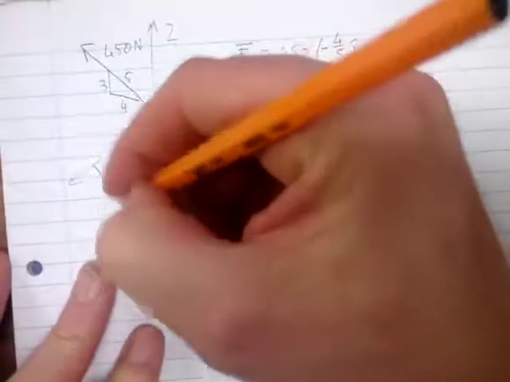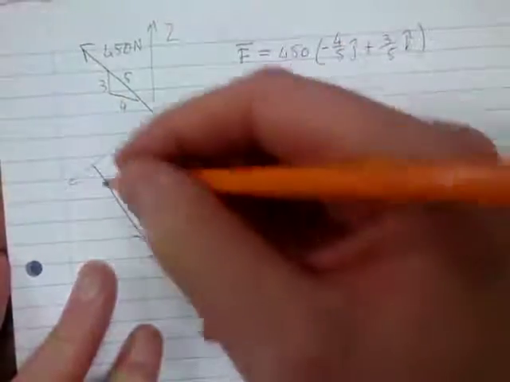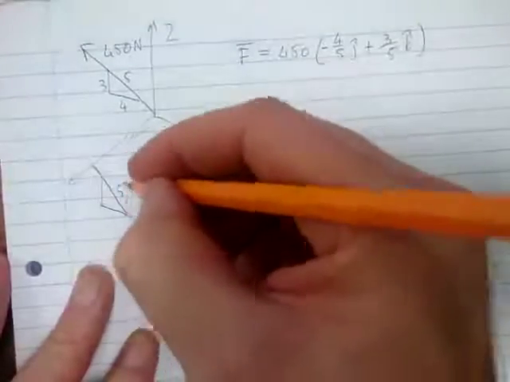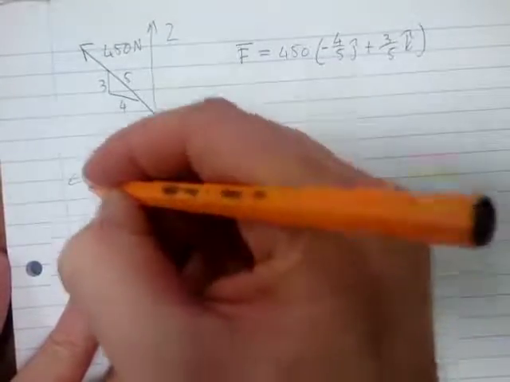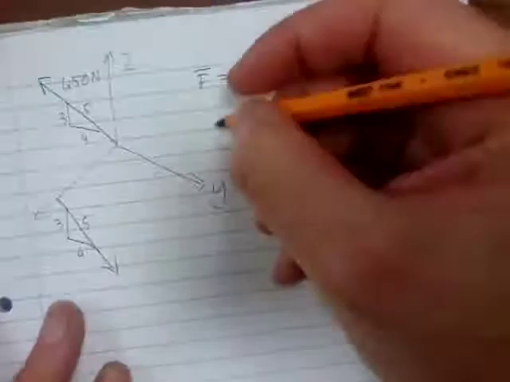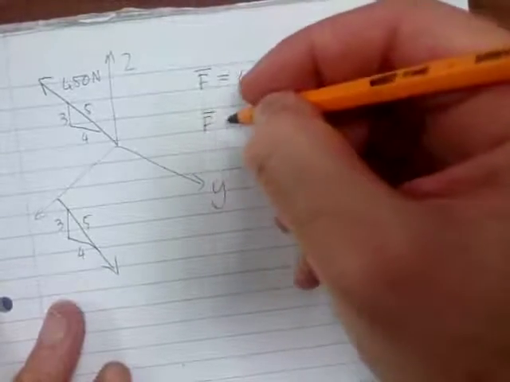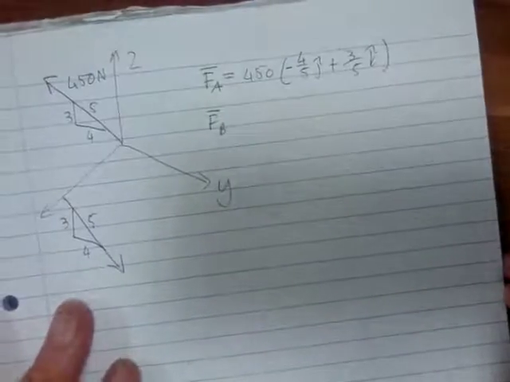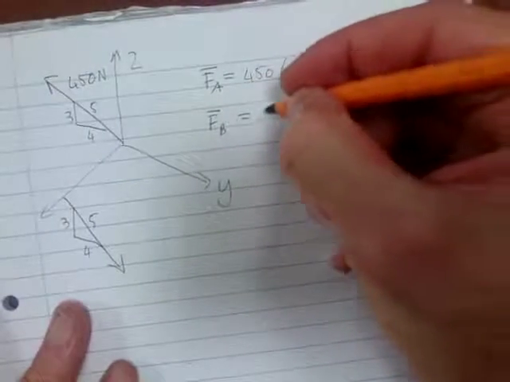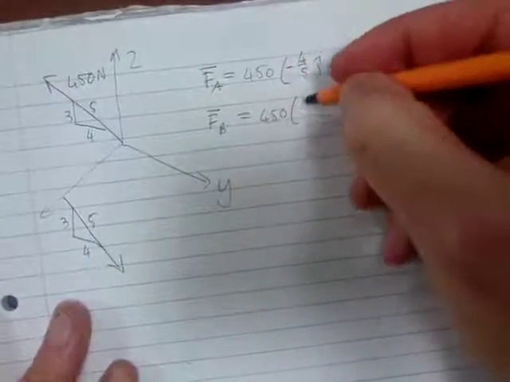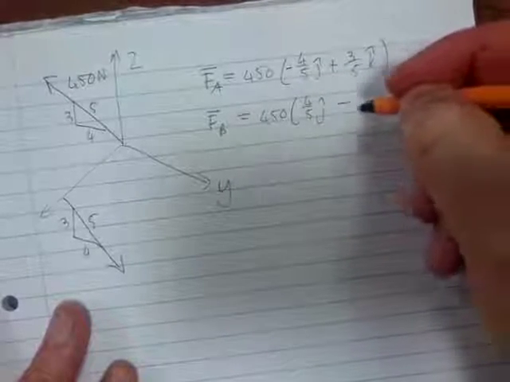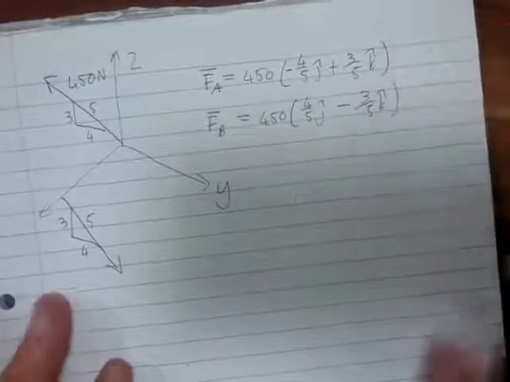Then the other one is coming down, and it obviously also has the same 5, 4, 3 ratio. This one, FB, this was FA by the way, is simply the full magnitude of 450, but with 4 over 5 j, and minus 3 over 5 k.